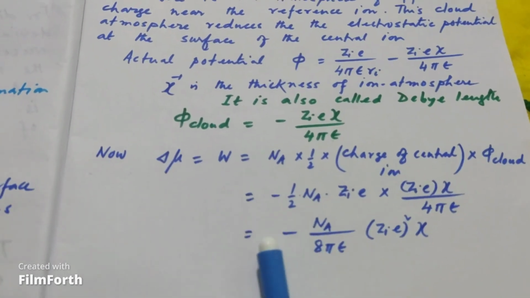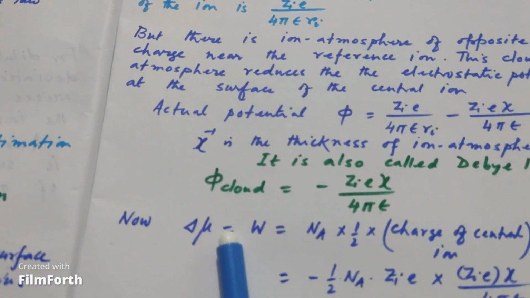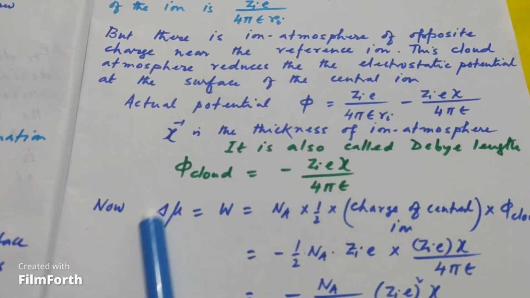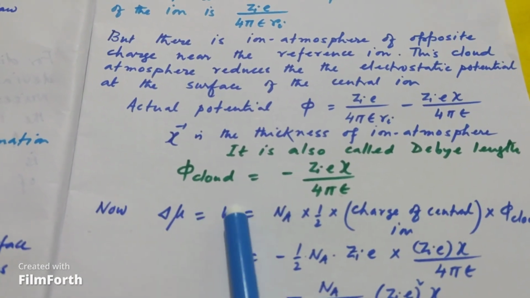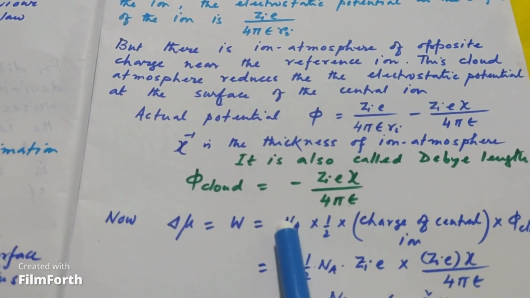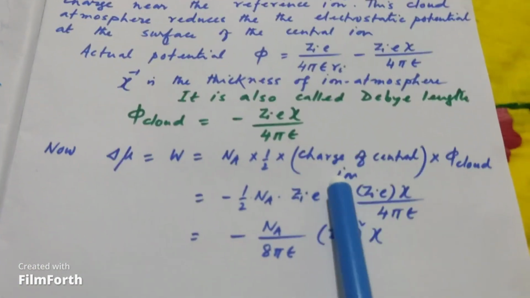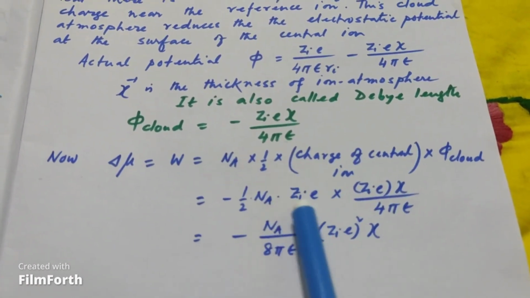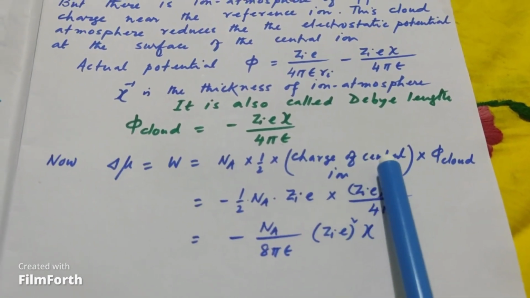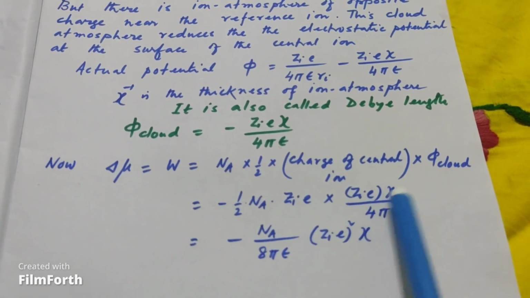So now the overall del mu, W, is the non-mechanical, that is electrical, work done. The change in chemical potential is equal to the non-mechanical work done, which is N_A, the Avogadro number, since this is work done per mole, times half times the charge of the central ion, Z_i e, times phi of the cloud, and phi of the cloud is minus Z_i e chi by 4 pi epsilon.